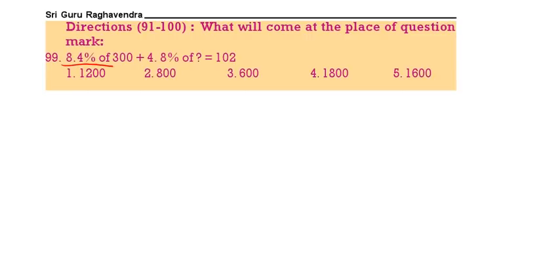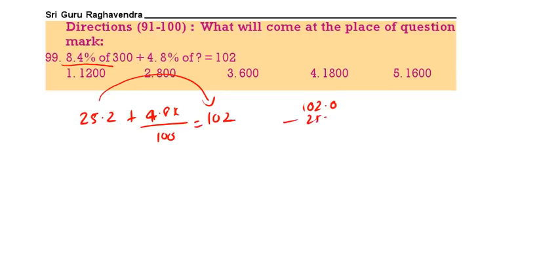8.4% of 300 means 8.4 into 3. That is 25.2 plus 4.8x by 100 is equal to 102. First of all, you send this one to the other side, it becomes minus, 102 minus 25.2, 76.8.